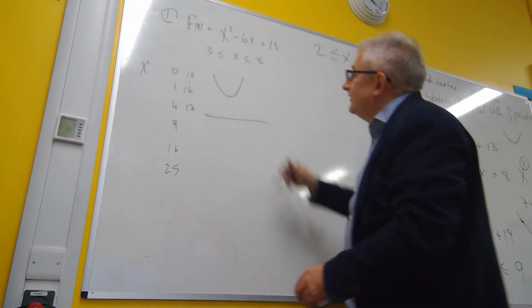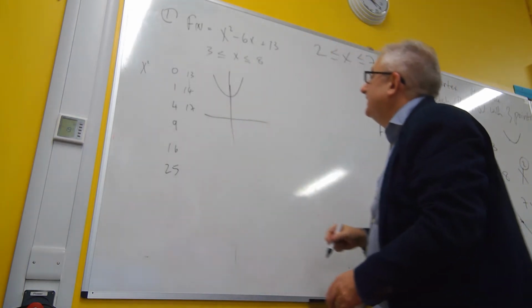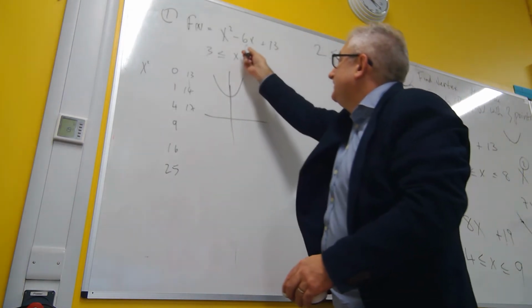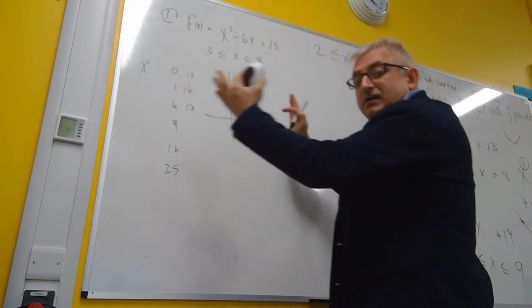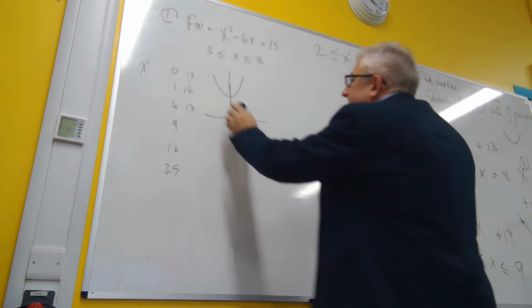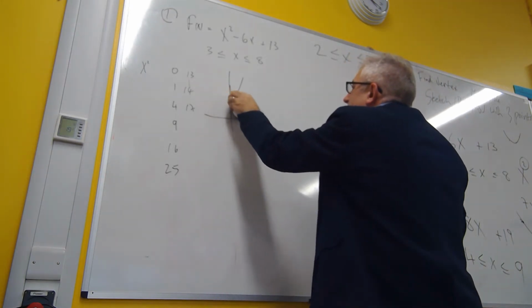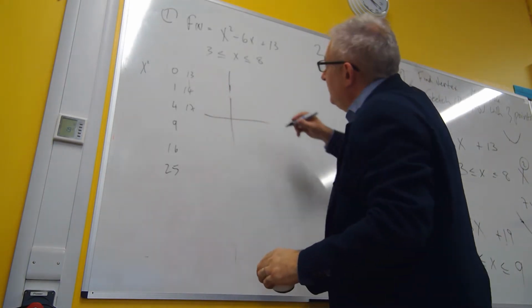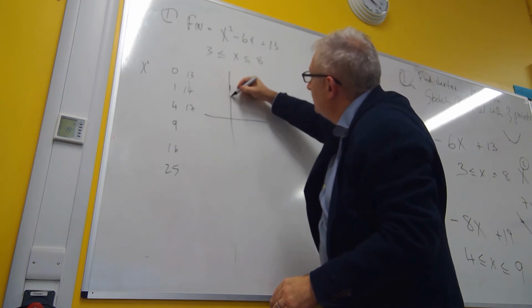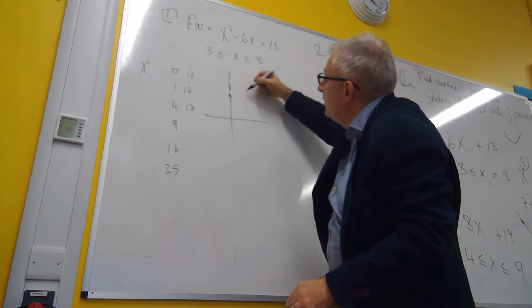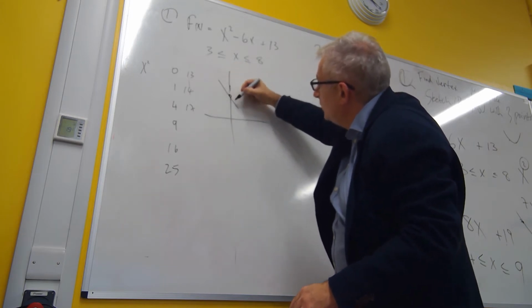So this will be the y-axis then, up the middle. But then the result of the minus 6 is to move it to the right by 3. And indeed, it tells us that it's going to do that, but it's also going to cut here at 13.